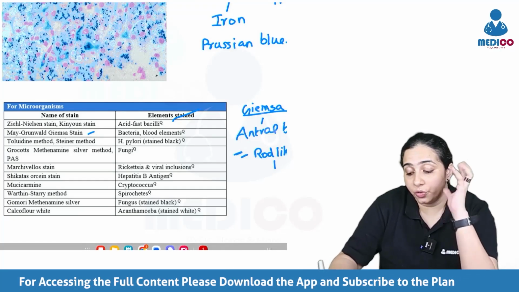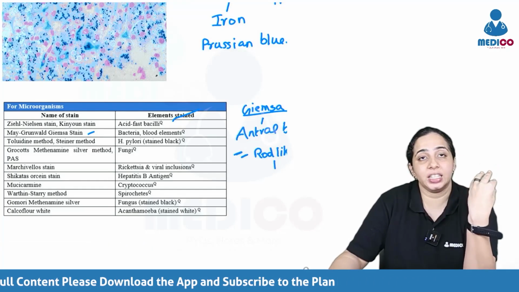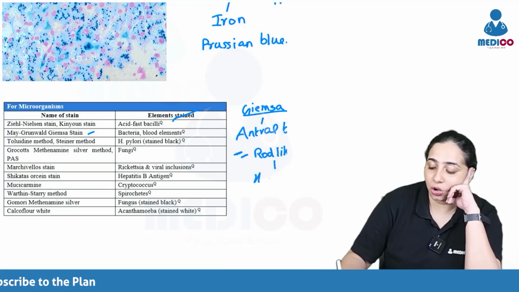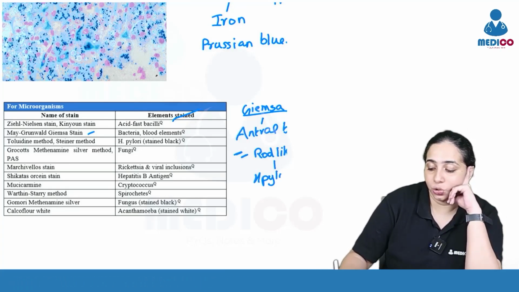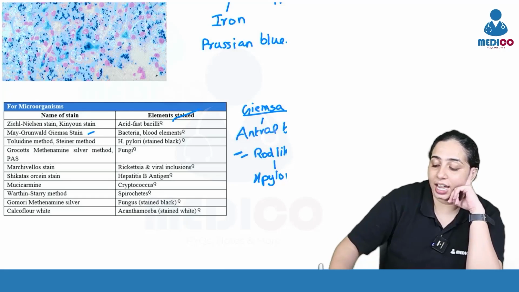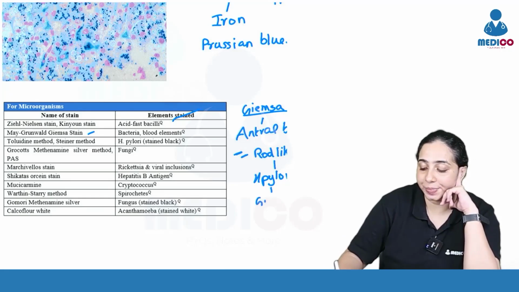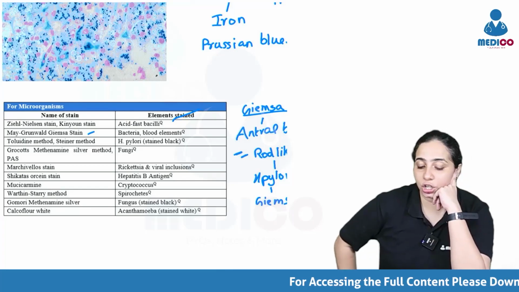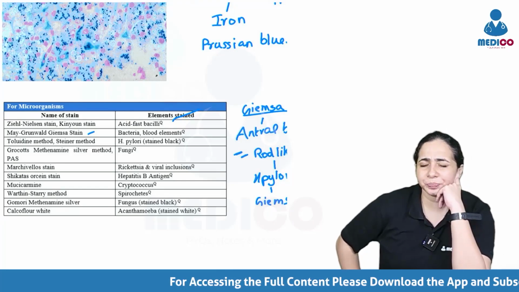So which is the stain that can stain these tiny rod-like organisms? So these tiny rod-like organisms are your H. pylori, and the stain that can be used is your Giemsa. Okay, so that is the condition in which your Giemsa stain can be used.